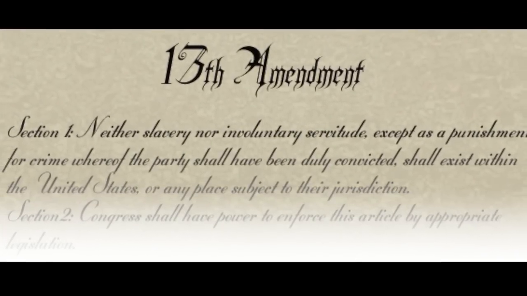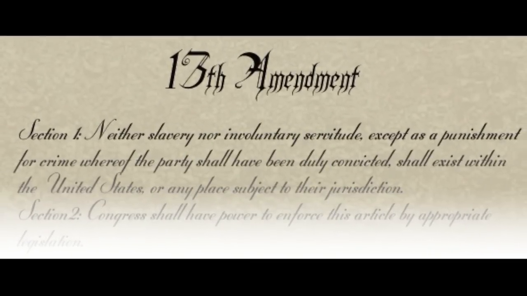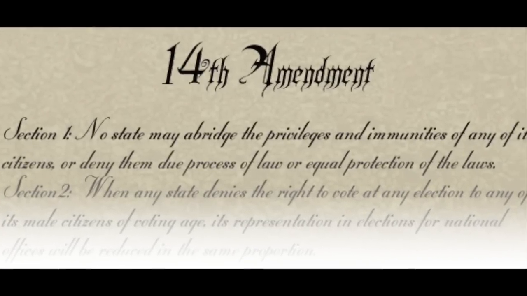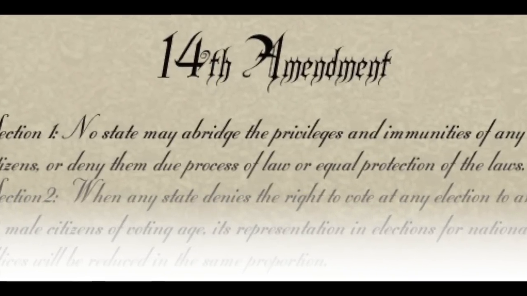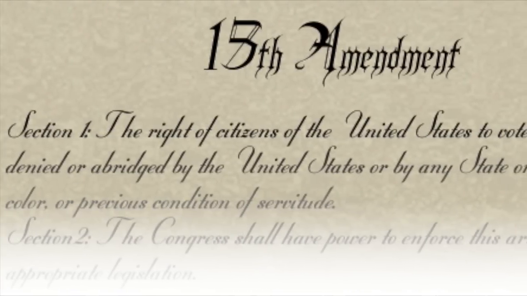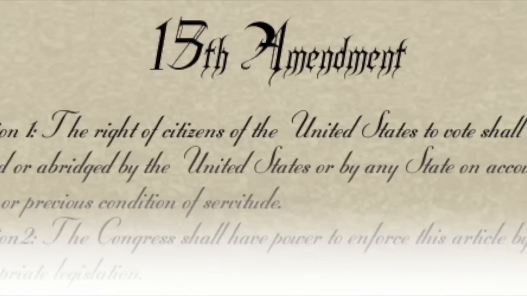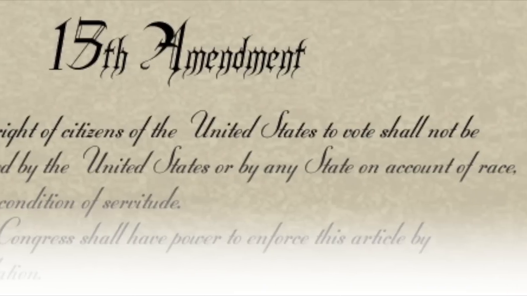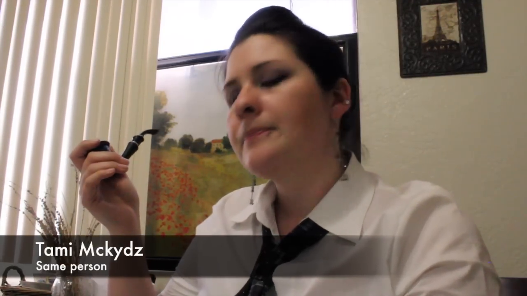In 1866, the 14th Amendment was passed. This gave those free slave citizens the right for protection under federal and state law. The 15th Amendment came about in 1869 for former slaves to retain the right to vote. However, this was not ratified until 1870.